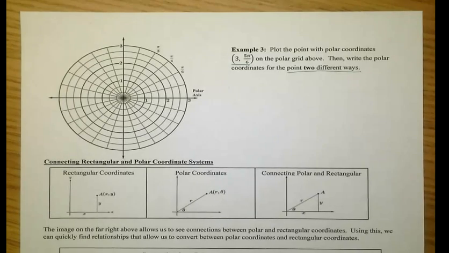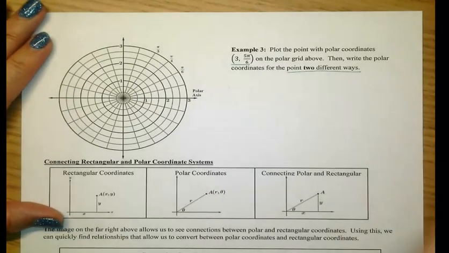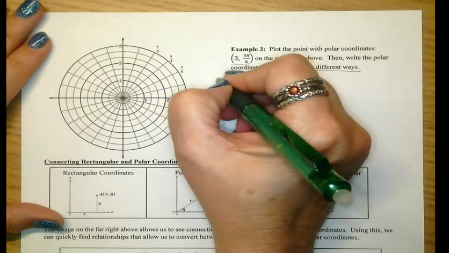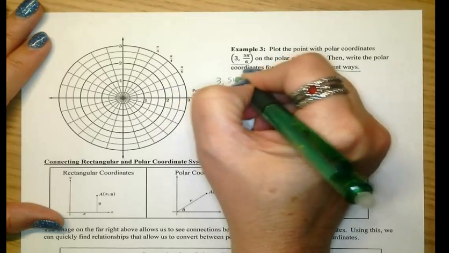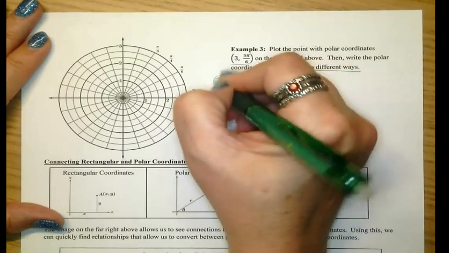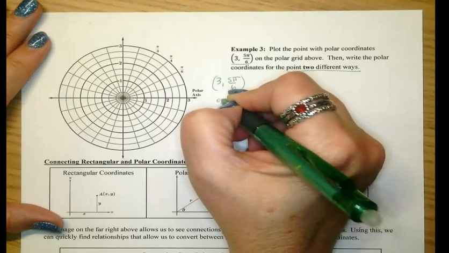And to do this, we're basically going to use what we know about coterminal angles. We're going to use what we know about rotating in the positive and the negative direction to get our angles. And then we're going to use what we just learned about reversing direction and using the same direction to plot the points. Okay, so the first one that we have is (3, 5π/6), and that was the original point.